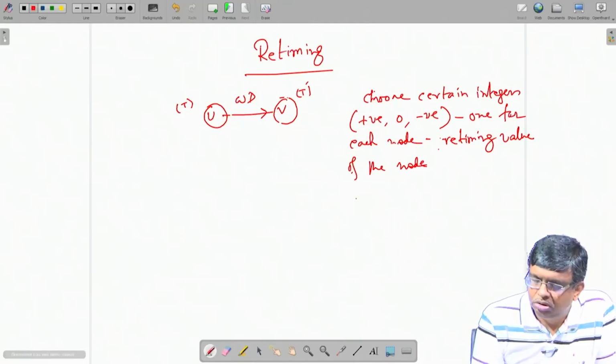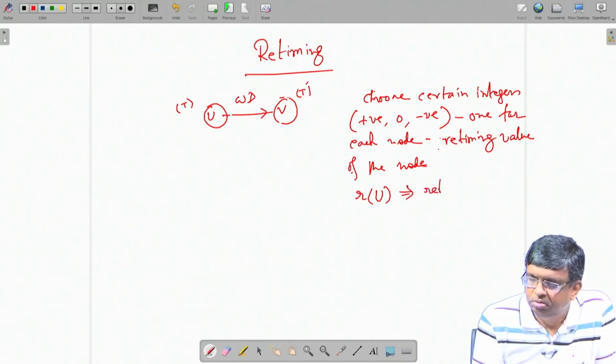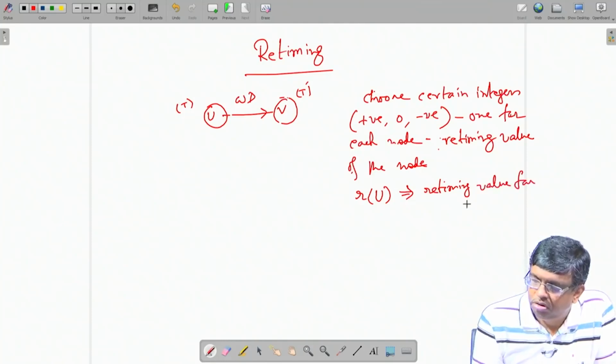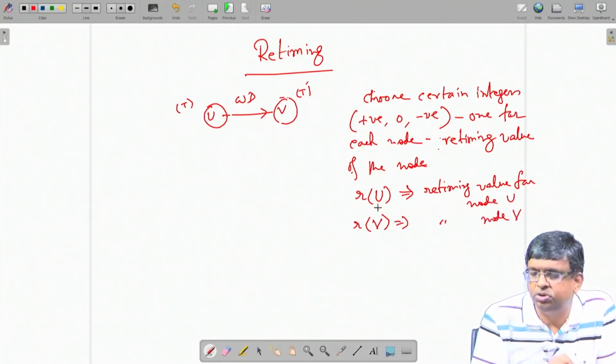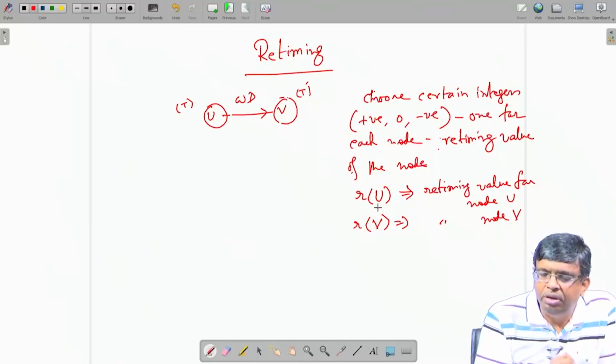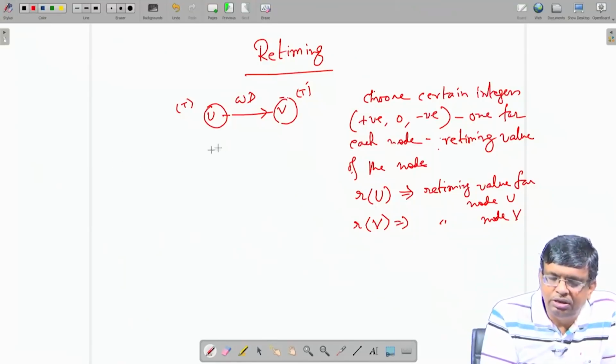So, you denote by R for retiming, R bracket U as the retiming value, that is an integer for node U. Similarly, R of V, retiming value for node V. These are the integers you have chosen.